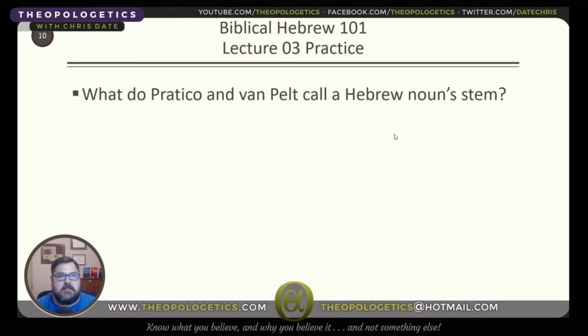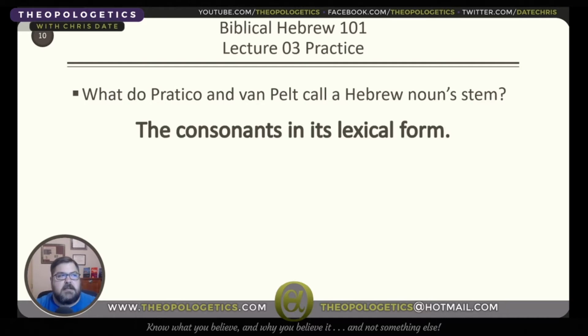What do Pratico and Van Pelt, the authors of Basics of Biblical Hebrew, call a Hebrew noun's stem? Or maybe I should put it this way. They call something a stem in the context of Hebrew nouns. What is that something? And the answer is the consonants that comprise the noun's lexical form. So in the case of melech and mamlacha, which we just talked about, they share the root mem lamed chaf, right?